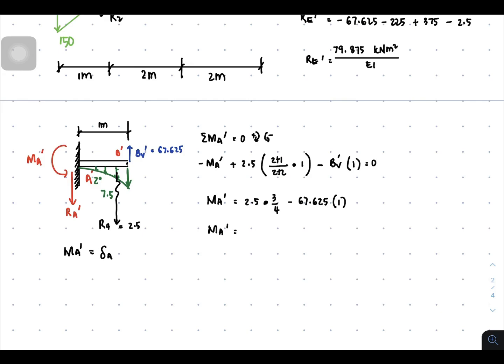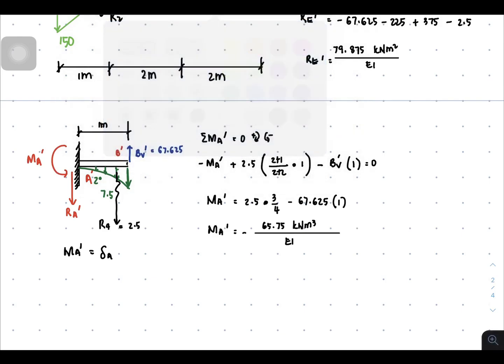The value is negative. It says here negative. So negative 65.75 kilonewtons cubic meter over EI.